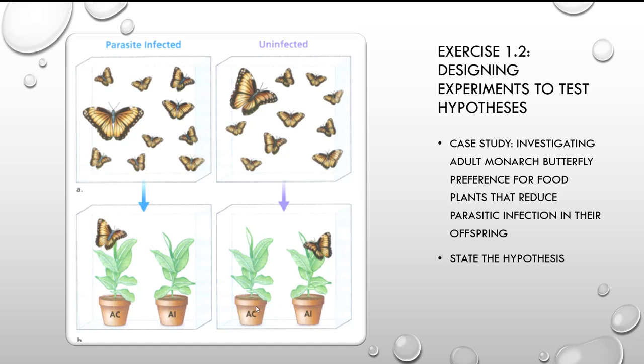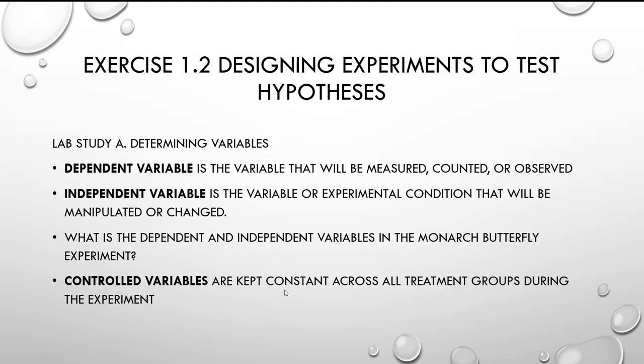We're using the same types of plants. The only difference is the type of chemicals. We're growing them in the same conditions. So those are examples of controlled variables in this experiment. They are kept constant across all treatment groups during the experiment.